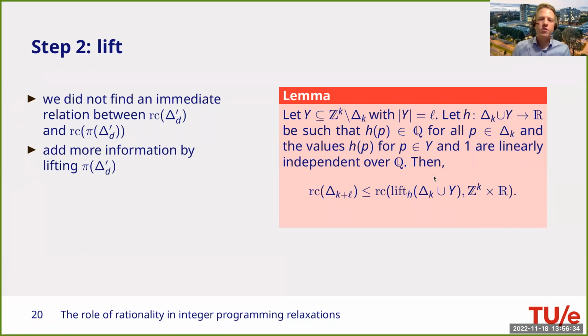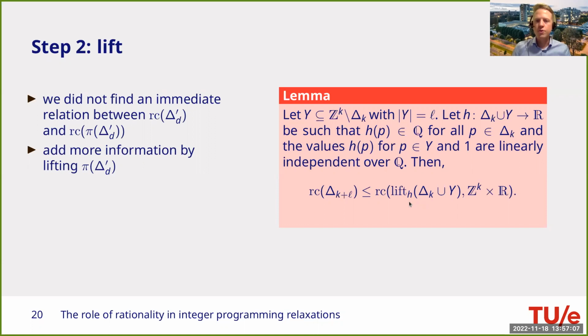And if this height function satisfies some properties, then we can show that the simplex that lives in dimension k, the dimension of the projected space, plus the number of integer points that we add to this projection. If we are interested in the relaxation complexity of such dimensional simplex, then we can relate this to the mixed relaxation complexity of a certain lifting of these integer points that we have selected.